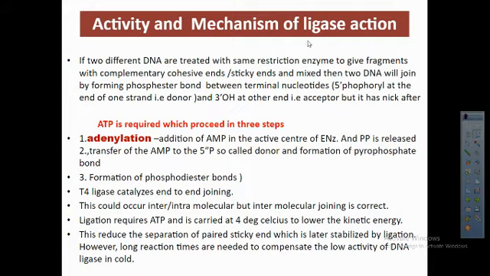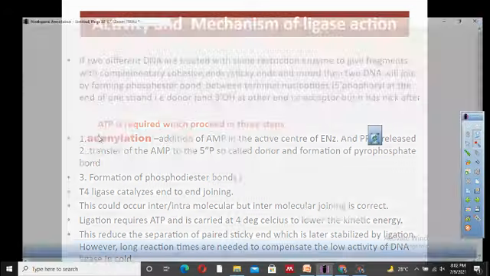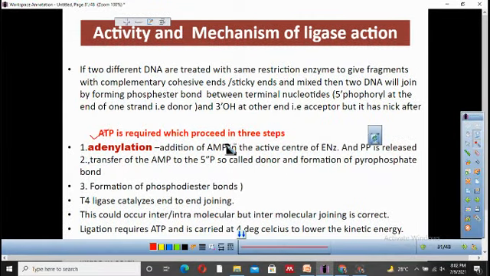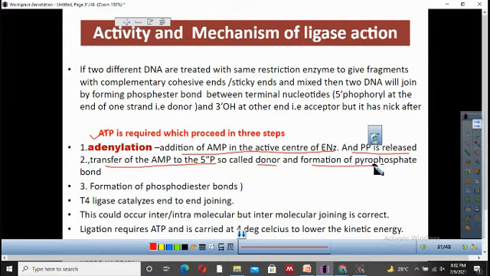So when a ligase binds with the substrate, the ligation process proceeds in three different steps. First is the adenylation of the enzyme, that is, addition of AMP in the active center of the enzyme. Second, release of the pyrophosphate and transfer of AMP to the 5' phosphate, the so-called donor, and formation of the pyrophosphate bond.